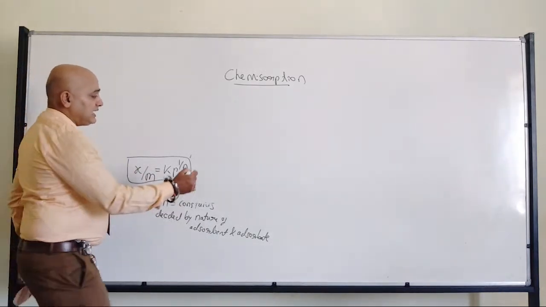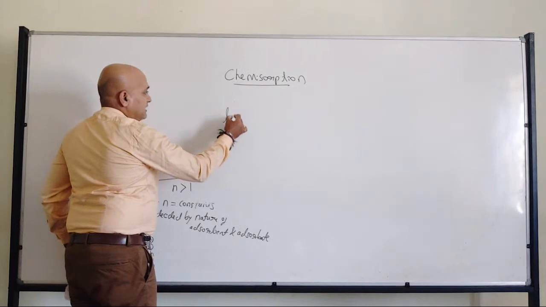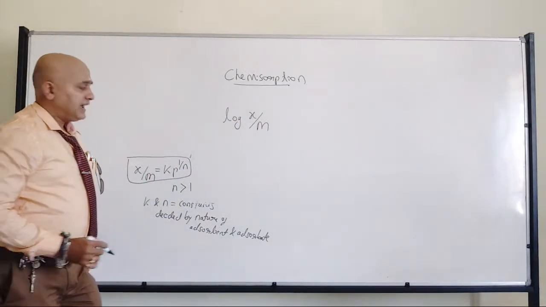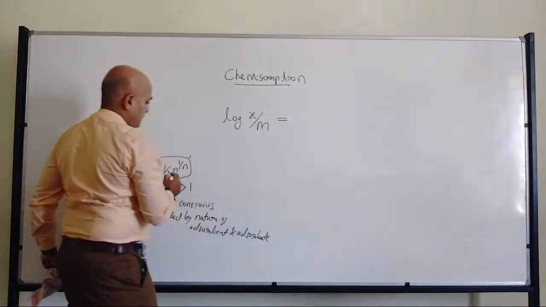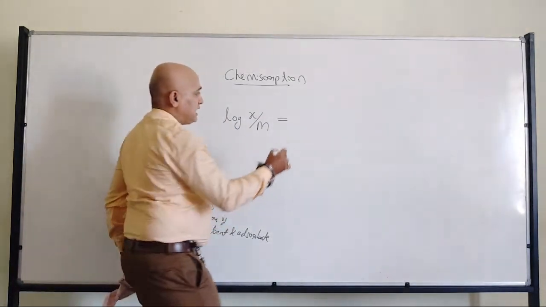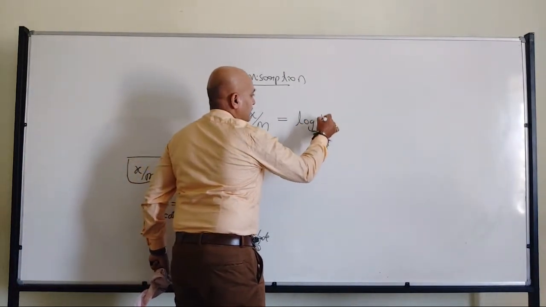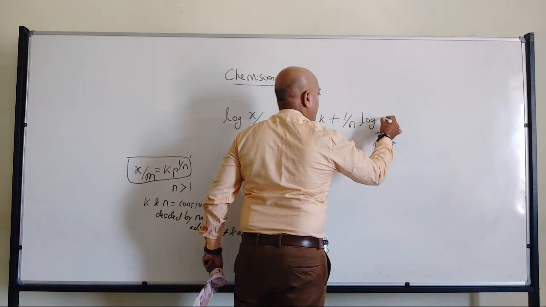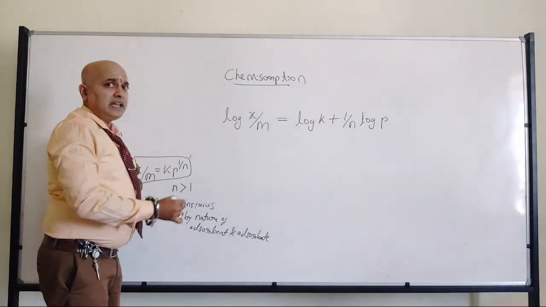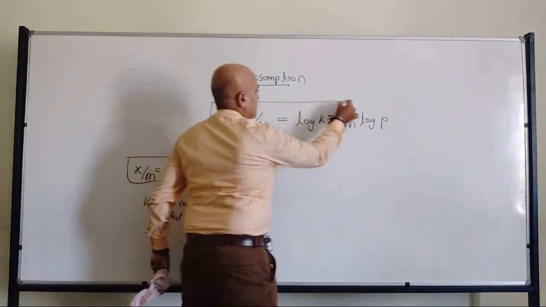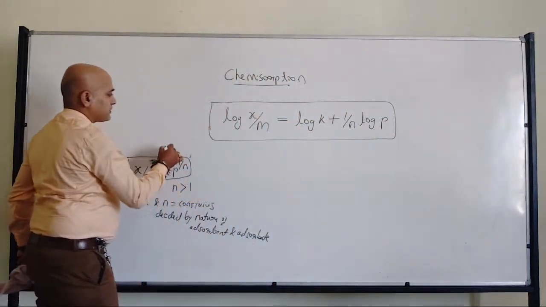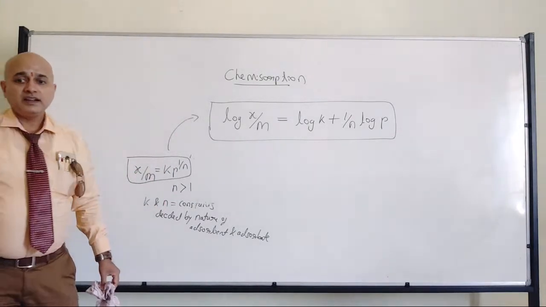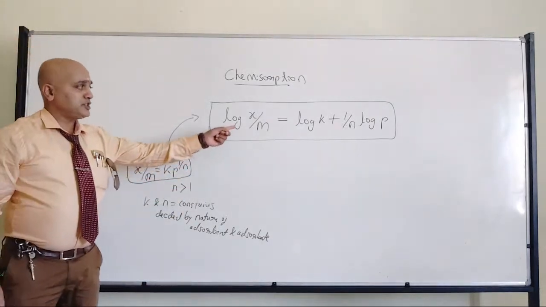Log of x by m is equal to kp to the power of 1 by n, which can be written as log of k plus 1 by n into log of p. All of you will agree? So this is the equation which I am going to get from here. Therefore, I asked you to remember this equation.